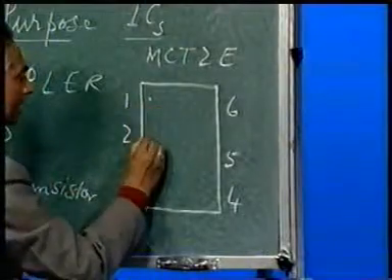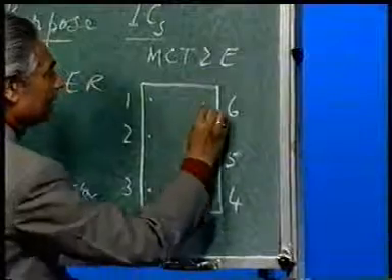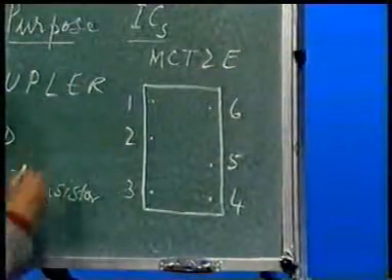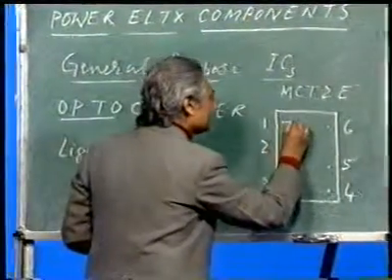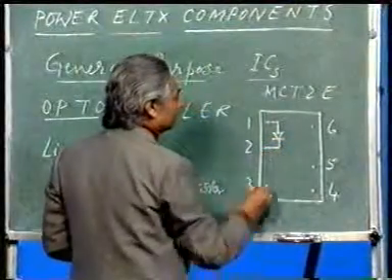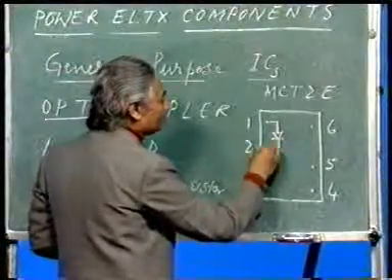This is pin number 1, 2, 3, 4, 5 and 6. Between 1 and 2 there is the first component, which is LED, and it is connected like this. That means anode is connected to pin number 1, cathode is connected to pin number 2.